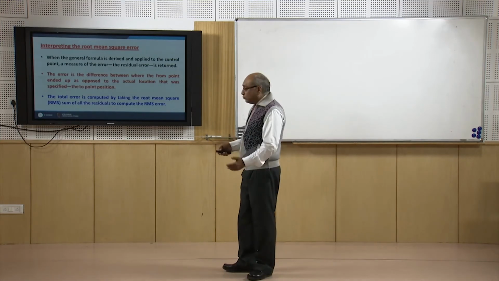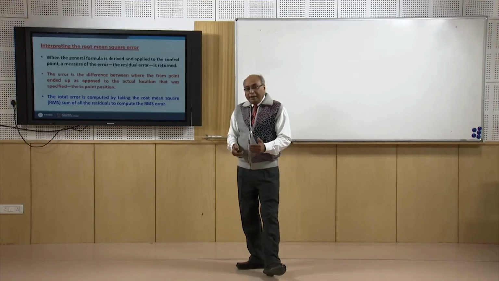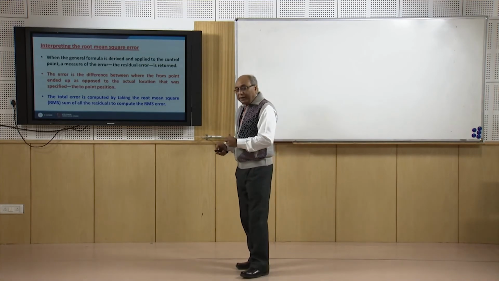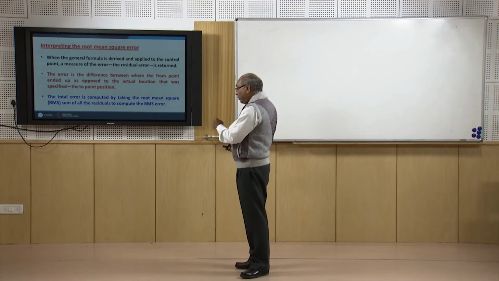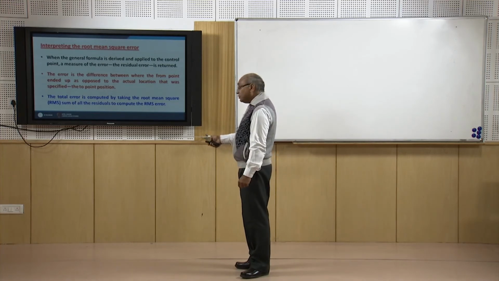The total is also useful because we would like to see whether I am within 1 pixel, depending on the spatial resolution. So if I am having 50 meter resolution data, then I need my error in mapping scale to be less than that, this total RMS, root mean square error.